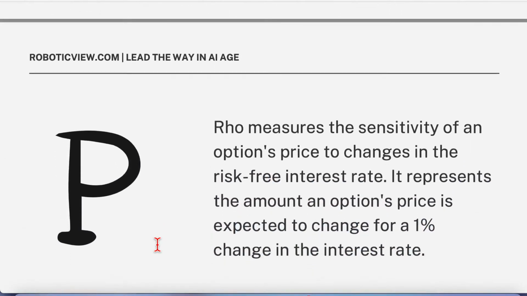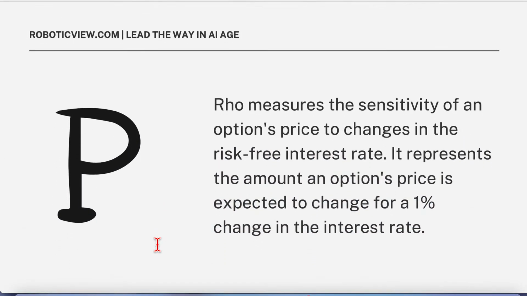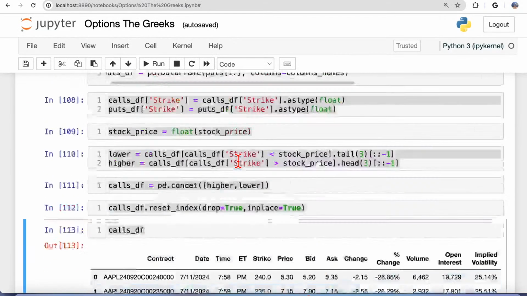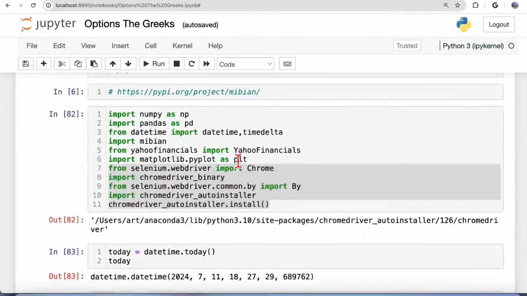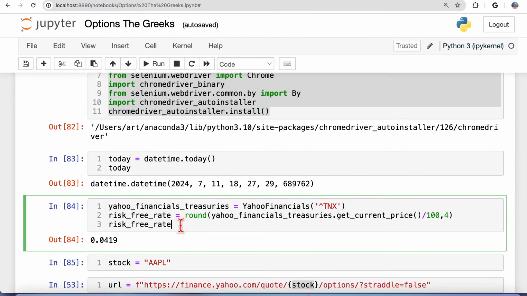And the last one, frankly, I don't use it too often, because this one measures the sensitivity of an option price to changes in the risk-free interest rate. So let me show you what I mean by that. Now here, remember, we got the risk-free interest rate, and by the way, today is July 11th of 2024, we all hope that the central bank, the Fed, will decrease rates this September.